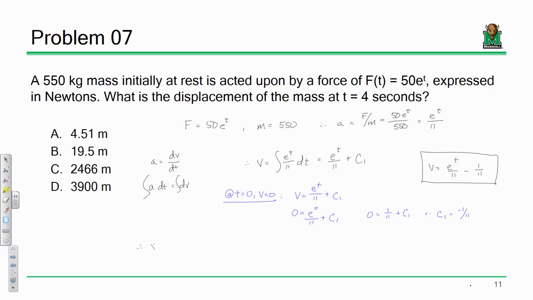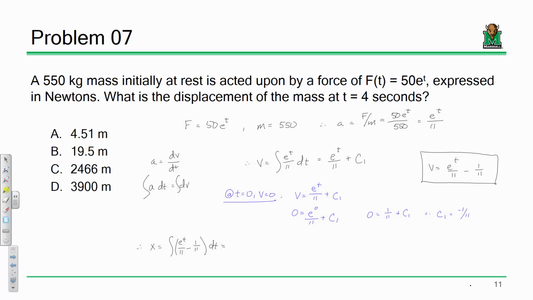Therefore, the function for x is the integral of e to the t over 11 minus 1 over 11 dt. And so what is that integral going to be? You tell me.